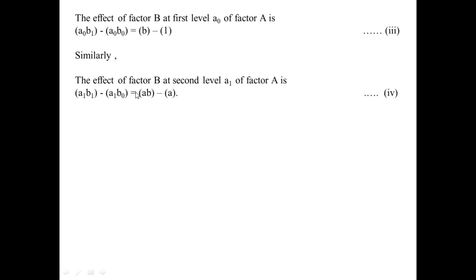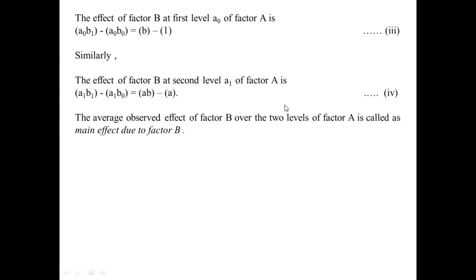Here we fix the level of factor A and we change the level of factor B. This can be written as (ab) minus (a). Here (ab) is the mean of treatment combination ab, and (a) is the mean for treatment combination a. Consider this as equation 4.